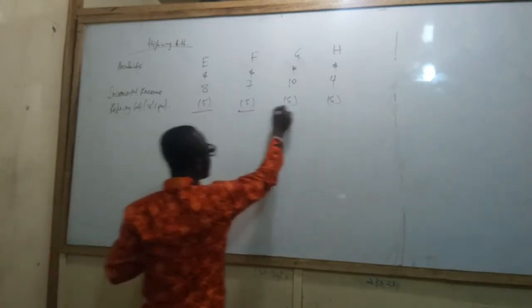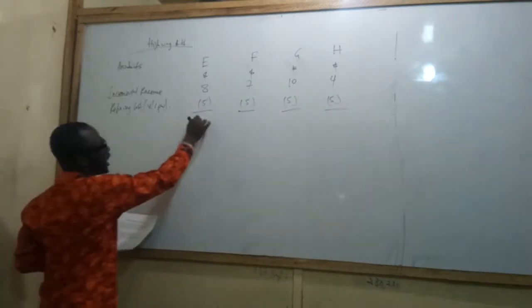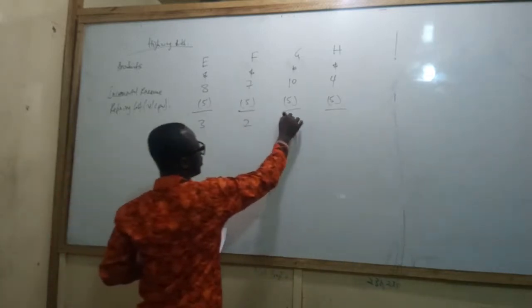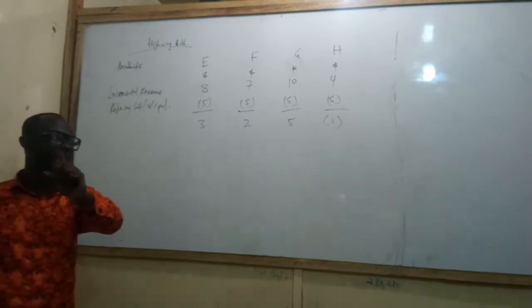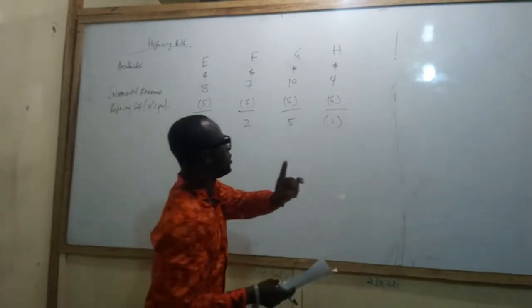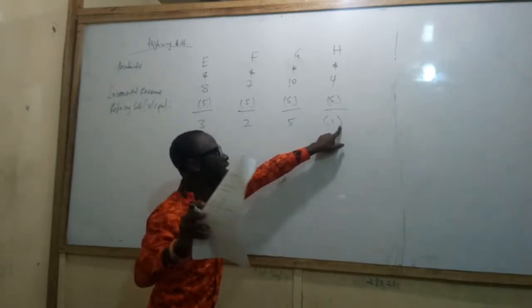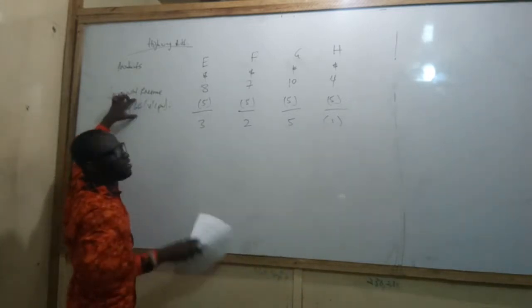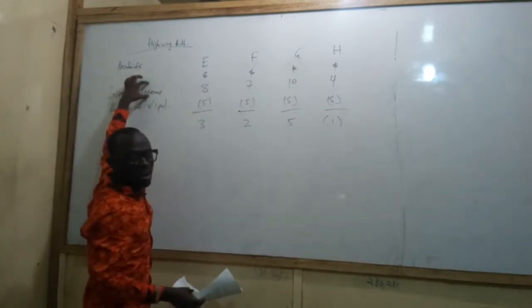So let's go. What do we have? 3, 2, 5, negative what? 1. Be careful here. This is where I want you to stay with me. H is giving us negative, meaning the refinery cost cannot cover up the incremental revenue.